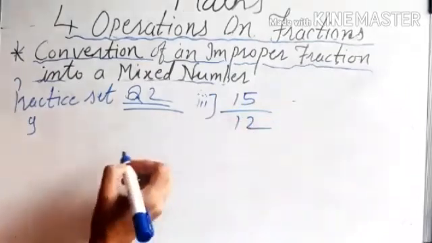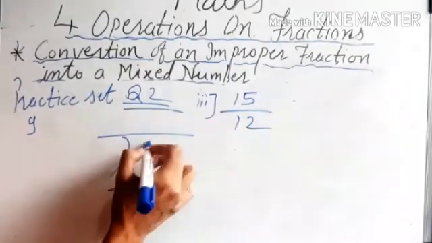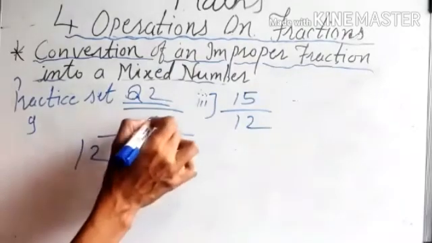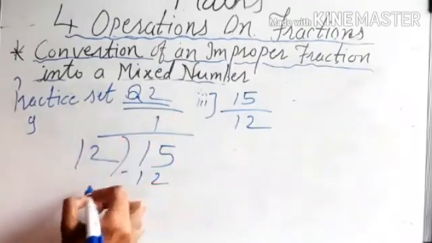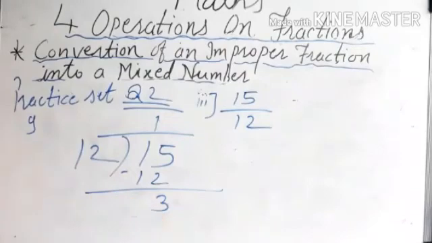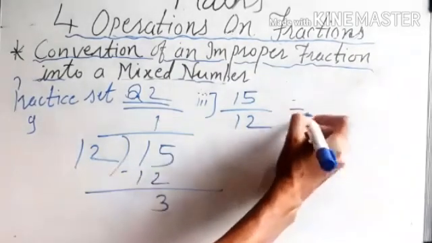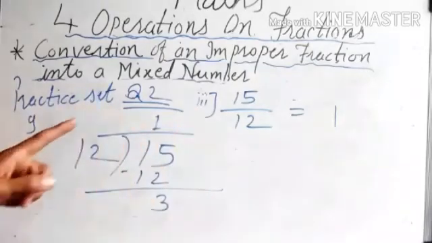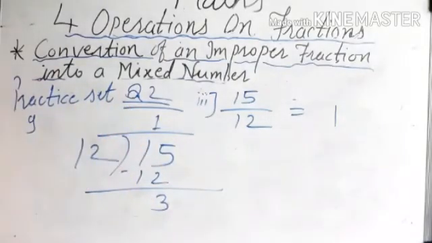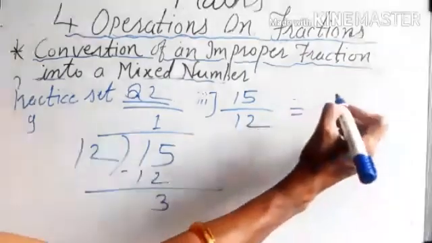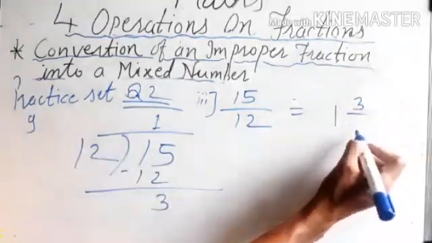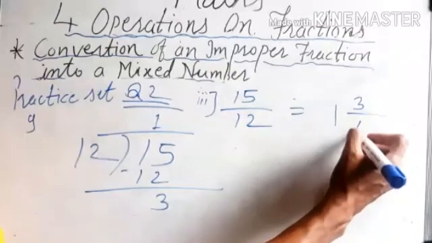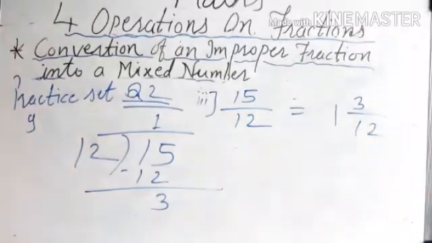15 upon 12. So you have to divide this way, 15 divided by 12. Then 12 ones are 12. 15 minus 12 is 3. So how to write this answer? We always take the quotient first. This upper number you have to take first, that is 1. 1 and 3 upon, what came? 12. 1 and 3 upon 12.